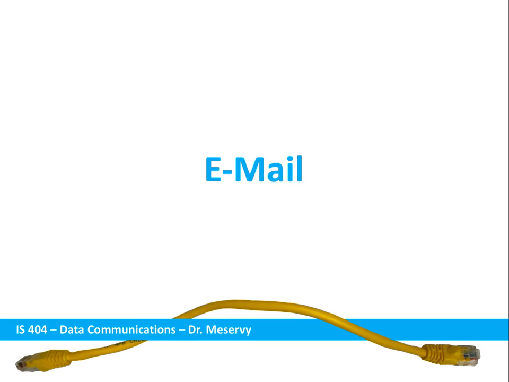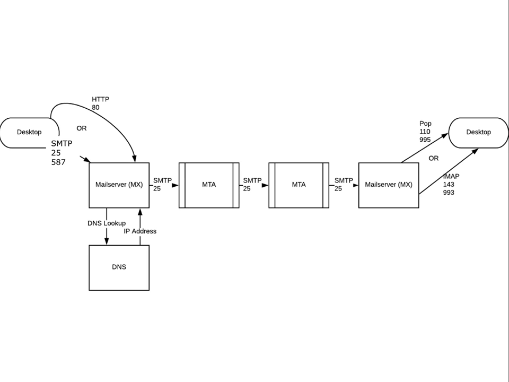All right, now we're going to talk about email. This diagram pretty much sums up what we learned about email. If you are going to send an email, you use SMTP, usually over port 587, from some client software. You send it to a mail exchange server that is close to you.